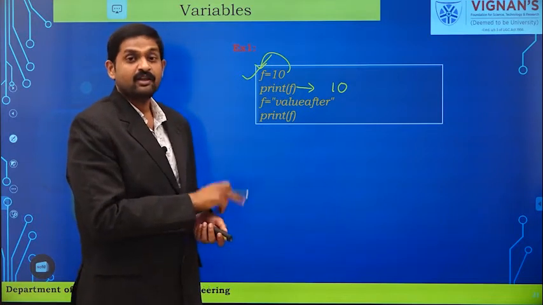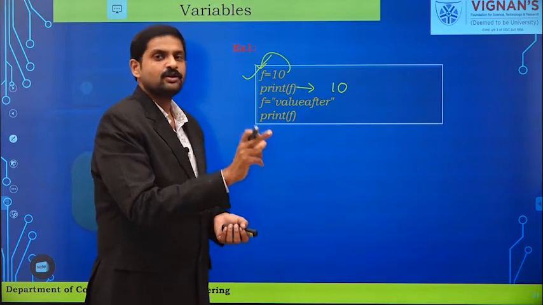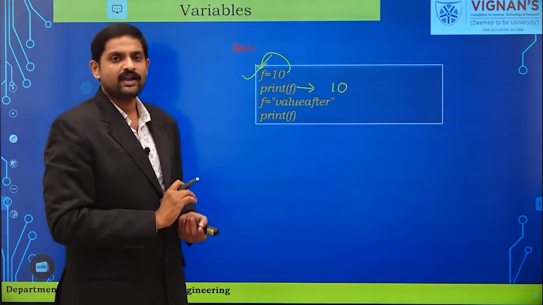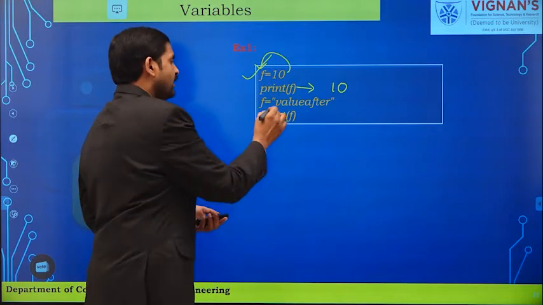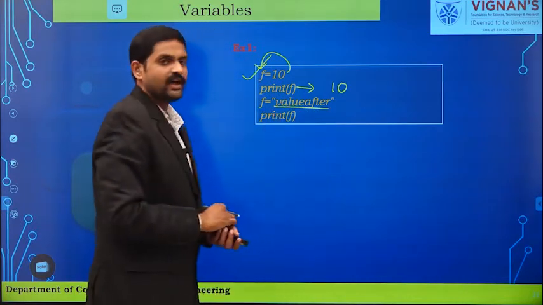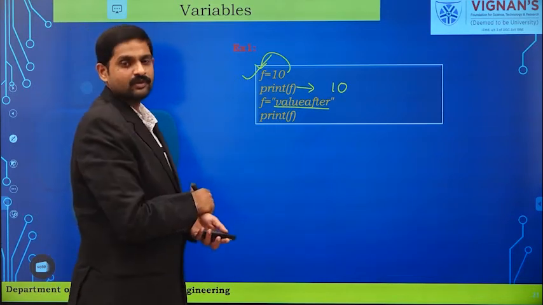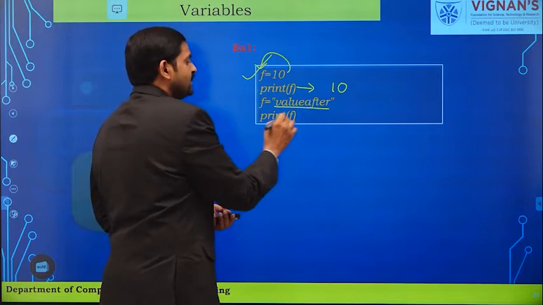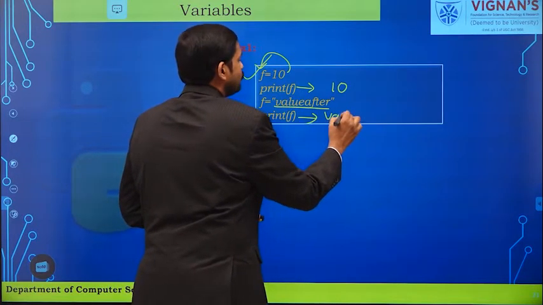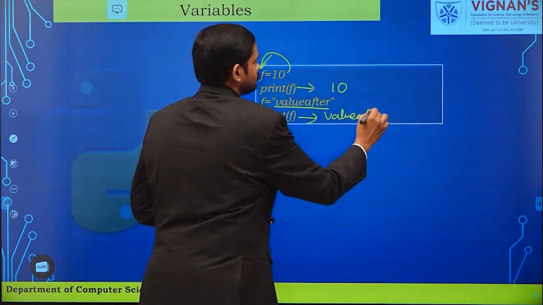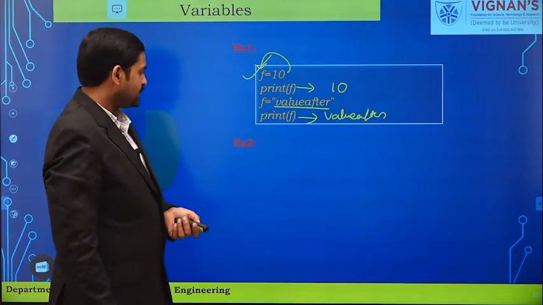No, never. If you declare the variable as an integer, it allows integers only. But in Python, now you changed the value to "after". It is a string type. It is also allowed. Now if you print the f variable, it gives the value "after". Both are executed.